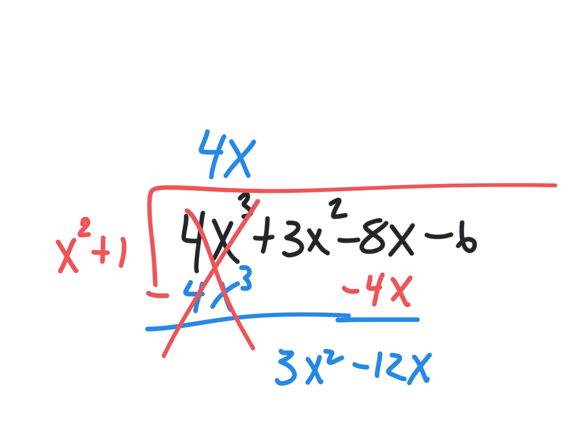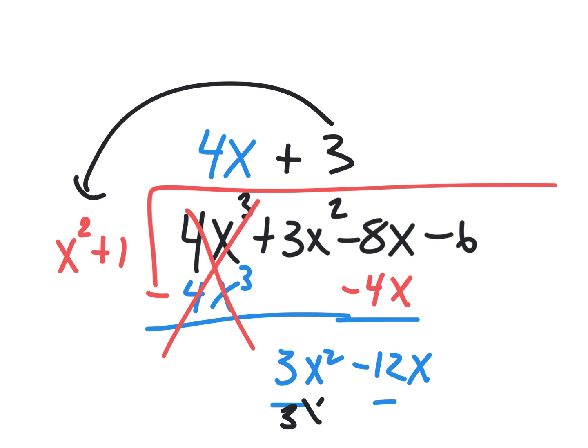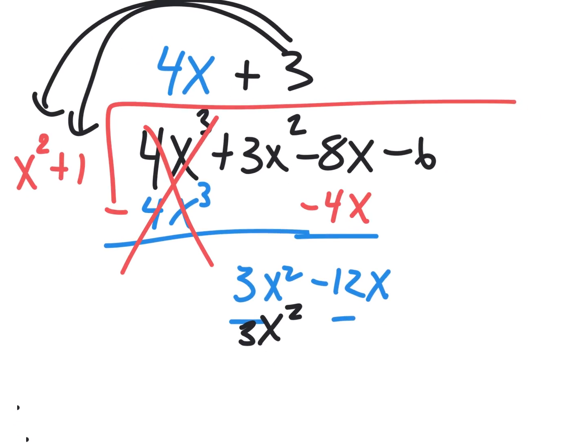Now that's a good sign because this is factorable. They both have a 3 in them. I'm not saying it's going to work, but it's a good sign. So now I'm going to put a 3 on the top, because 3 times the x squared makes 3x squared. I know I'm doing it right because of that. And now I'm going to do the 3 times the 1, and I get 3.